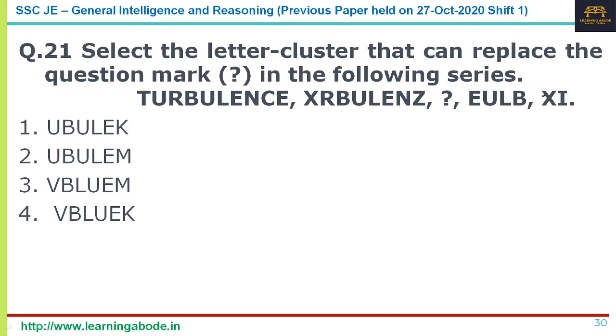So here actually what is happening is this T and E are lost. Whatever is in the middle except the end letters is retained as it is. RBULEN, it is retained as it is.